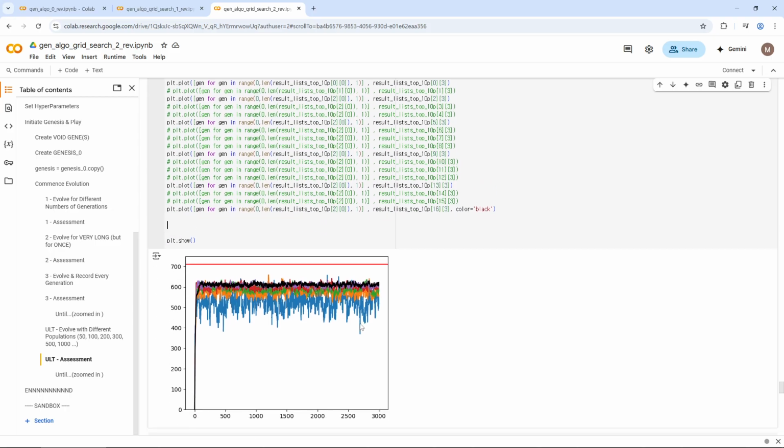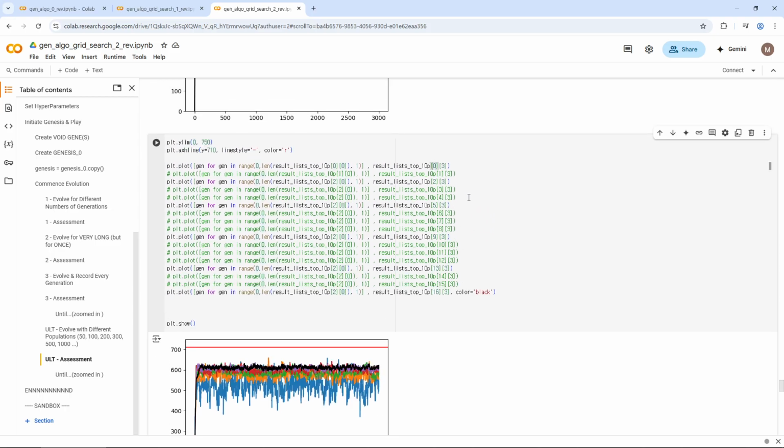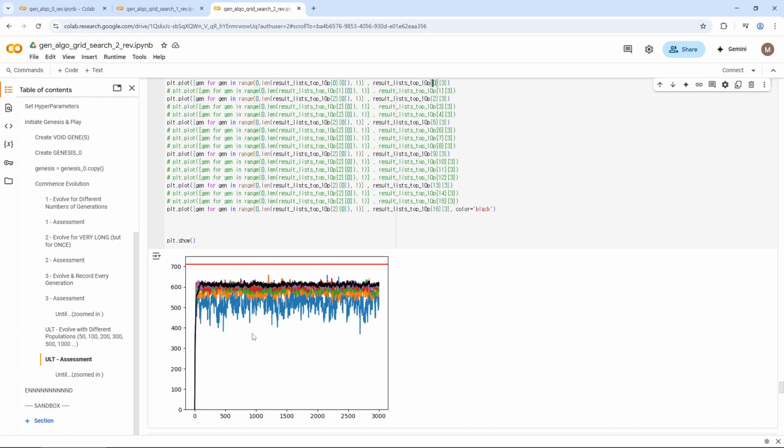And again, the blue one is for population size 50. You can see that the sizes of the oscillations get smaller as the population size gets bigger, and the level of the metric that they oscillate around also is raised as the population size increases.